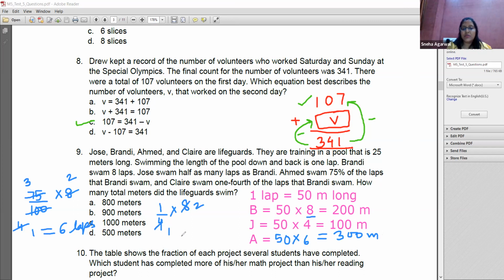So you are getting 2 laps. Claire has swum 2 laps. So what is 50 into 2? That makes 100. Now you just have to add all of them and you will find out how many total meters the lifeguards swam.